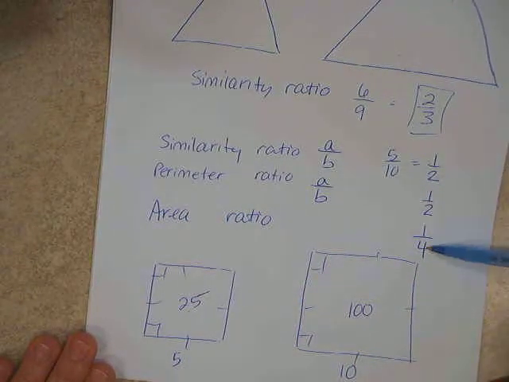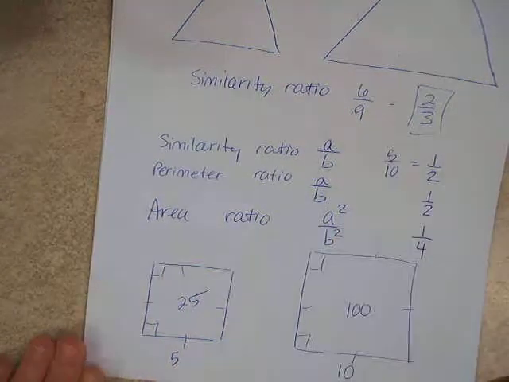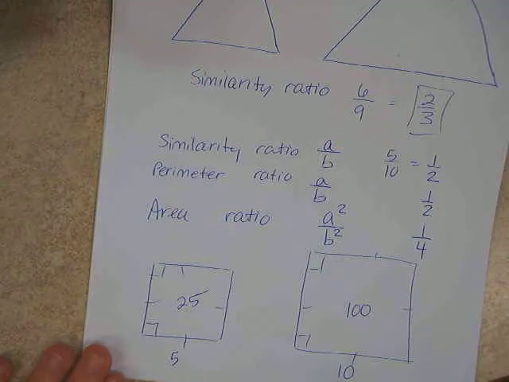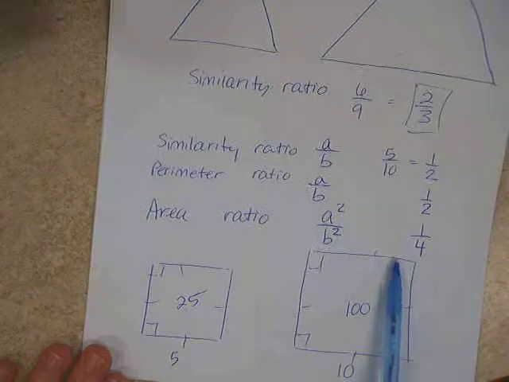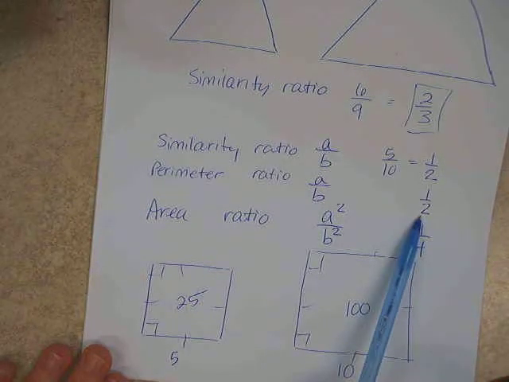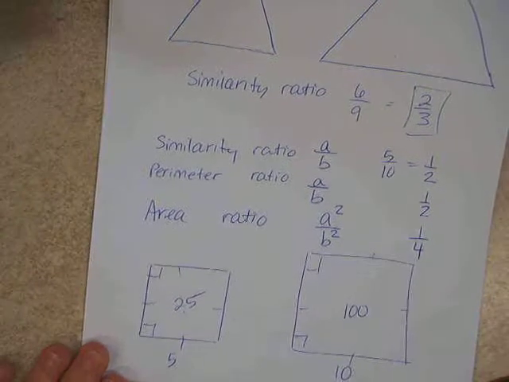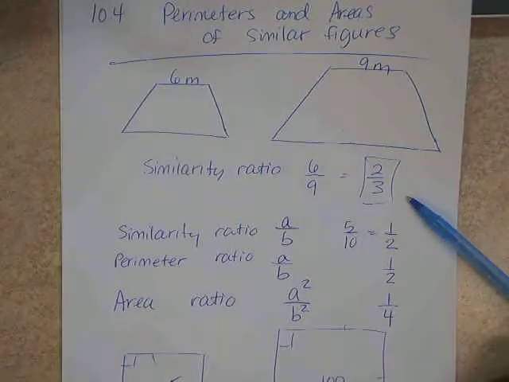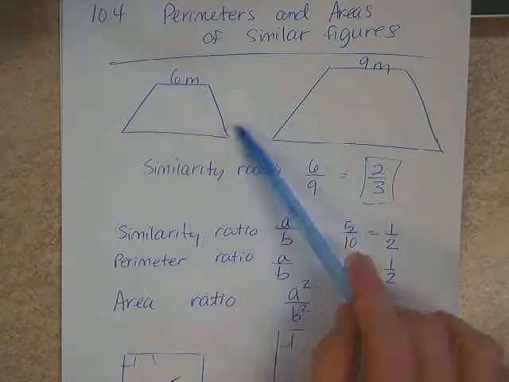So if I want the area ratio and I know A and B, then the area ratio should be A squared over B squared. And you can see it. 25 to 100 is 1/4, and 1/4 is 1/2 squared. Top and bottom squared.